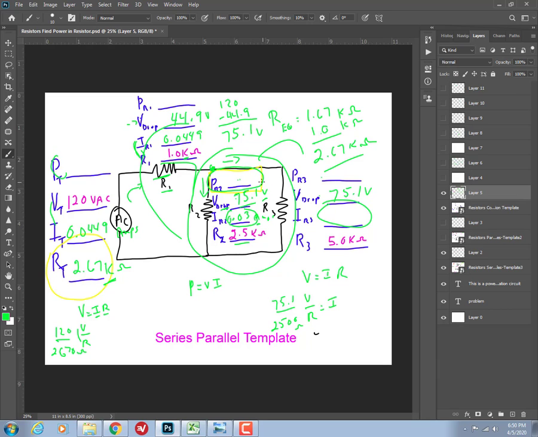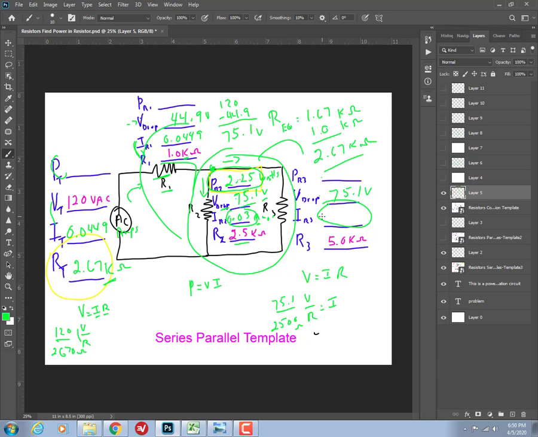Okay, so our answer is going to be in watts. So 75.1 times 0.03 equals 2.25 watts. And that's our answer. Now I'm going to continue filling in the rest of the blanks.